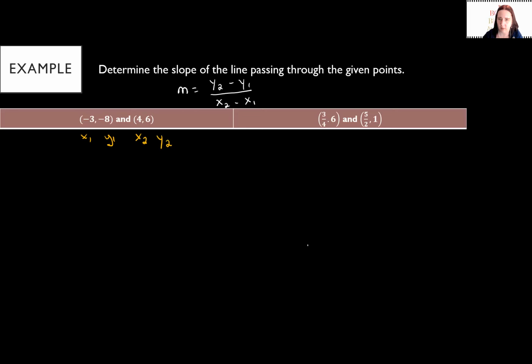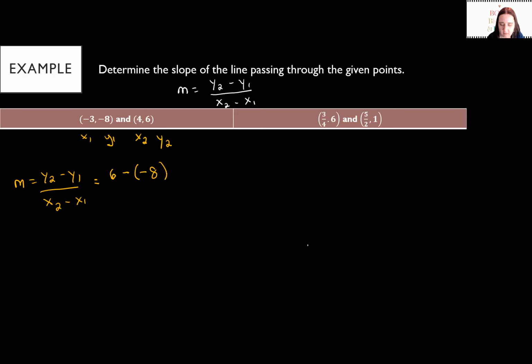So once you've labeled everything, it's good to just write down the formula. The more you write down the formula, the easier it is to memorize it. And then you're going to replace your values. So y2 is 6. So I'm going to have 6 minus, and then y1 is -8.